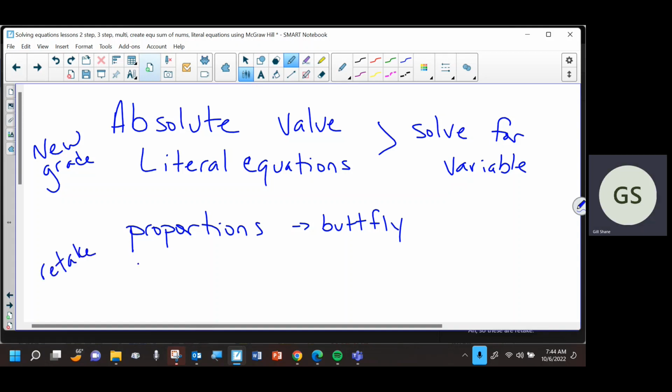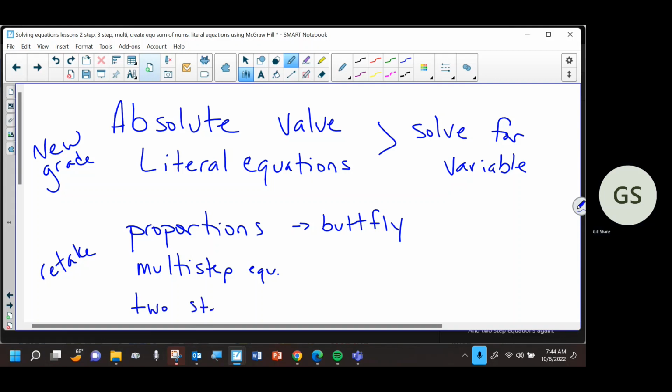I'm going to put multi-step equations on there. Solve for a variable. I don't really need to write anything there. And two-step equations again. So those are at least 3 retake grades.